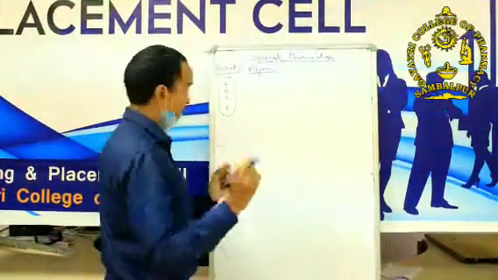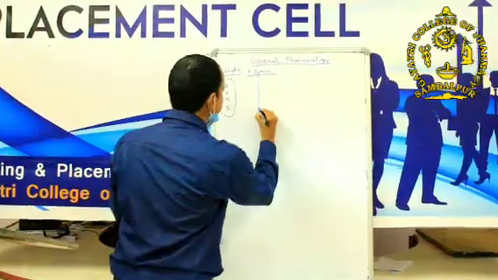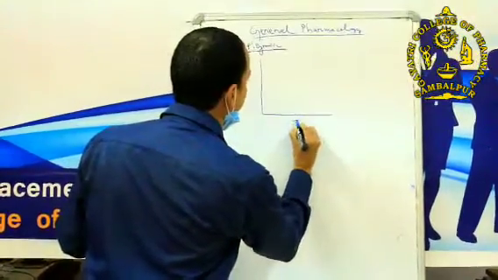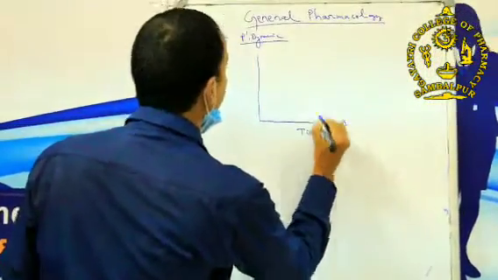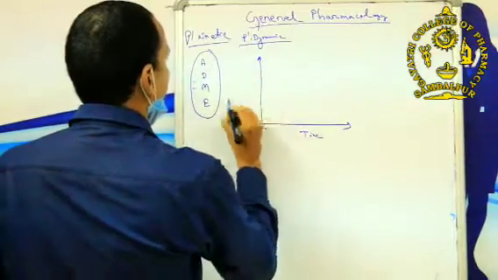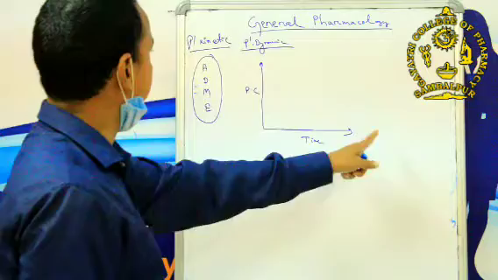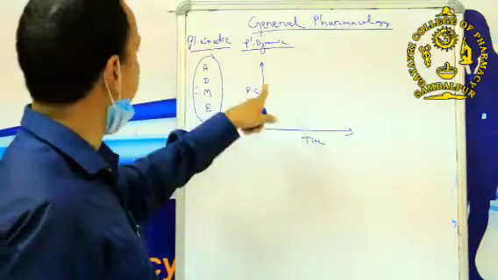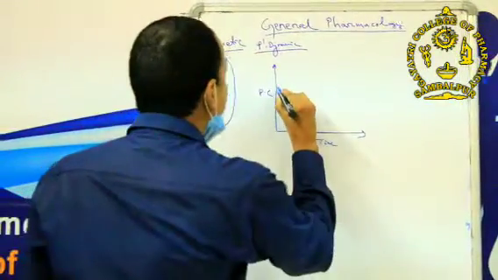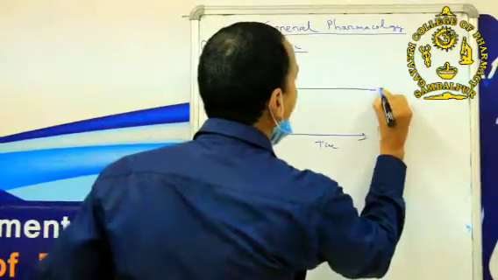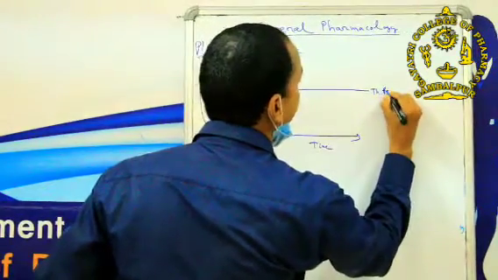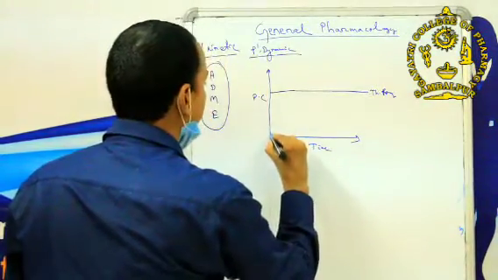See, I am giving a graph. Suppose this is time and this is plasma concentration of the drug. X-axis time, Y-axis plasma concentration. And this range is known as the therapeutic range. Okay, see, I am giving 3 drugs.